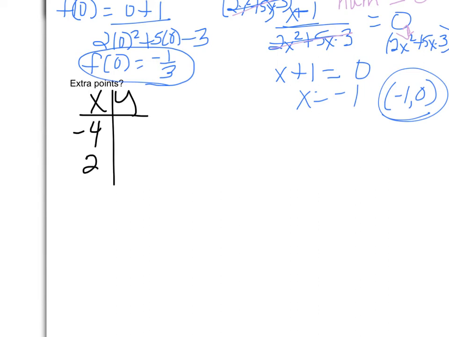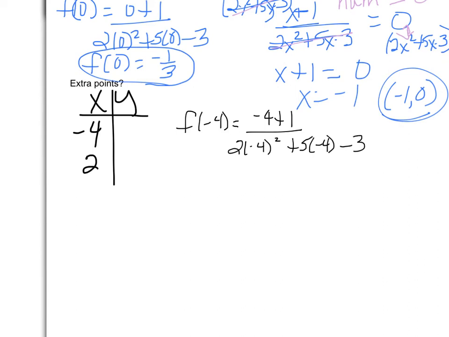I'm going to plug these values into my original function and see what we come up with there. So my original function here was going to be f of -4 equals (-4 plus 1) over (2 times -4 squared plus 5 times -4 minus 3).